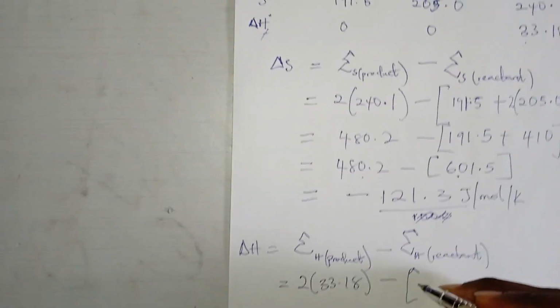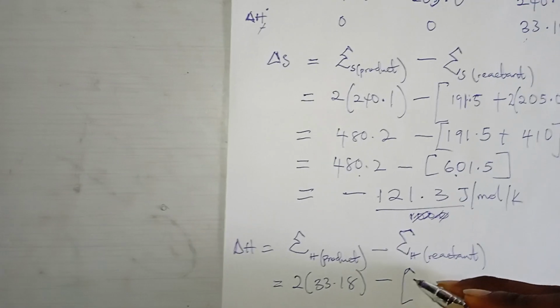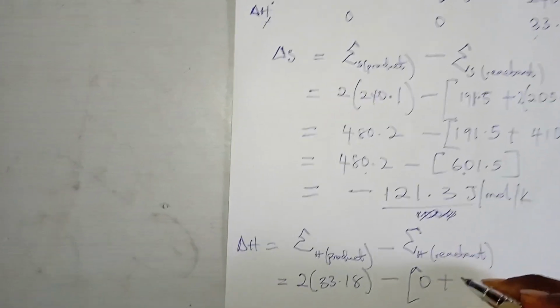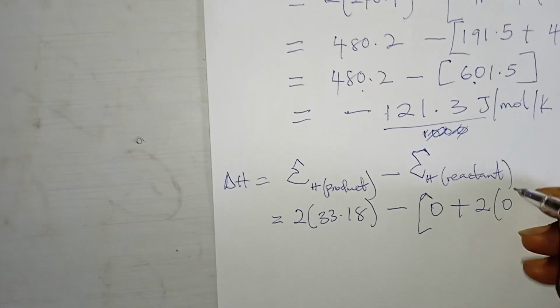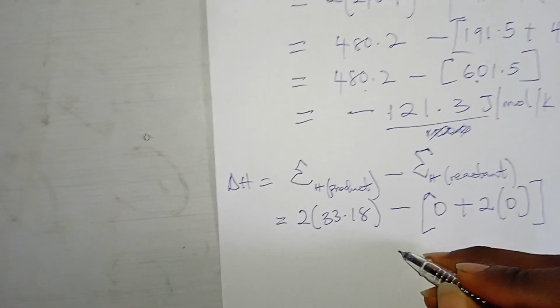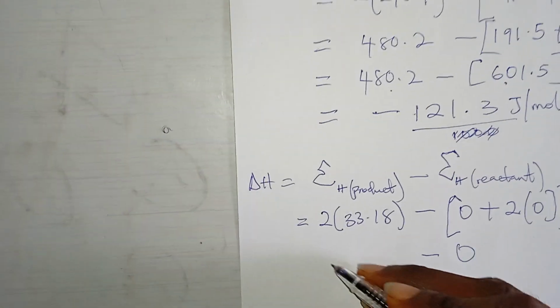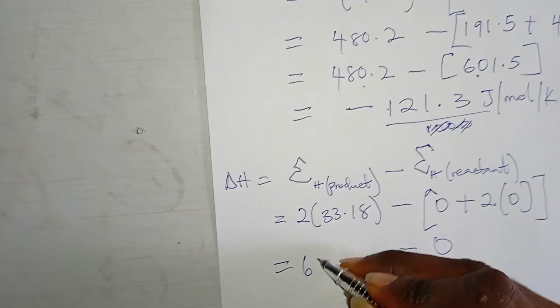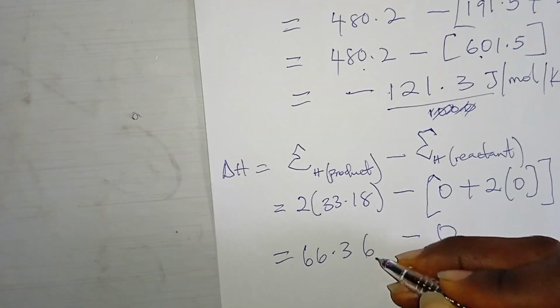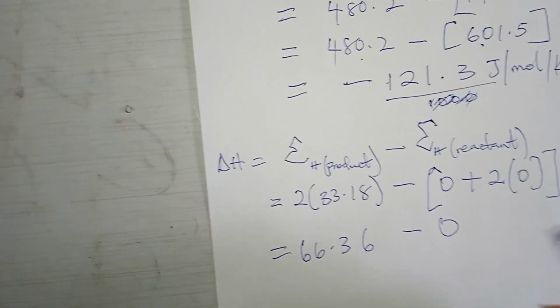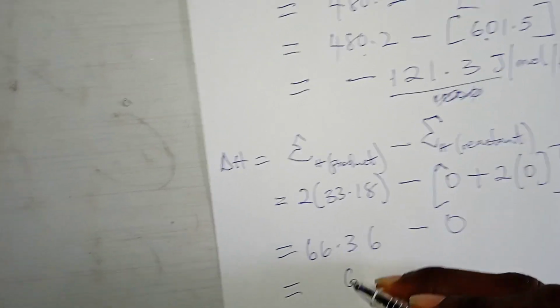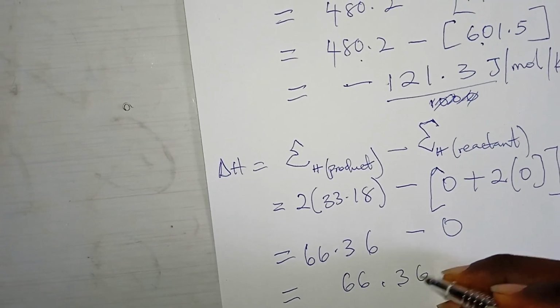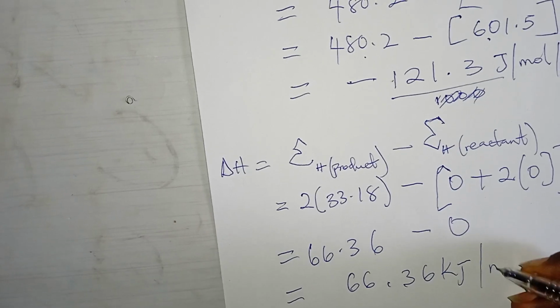For nitrogen, a pure element, it is going to be 0, plus oxygen, a pure element, is going to be 0. So minus everything here is 0. So this is the same thing as 66.36 minus 0, which is going to give me 66.36 kilojoule per mole.